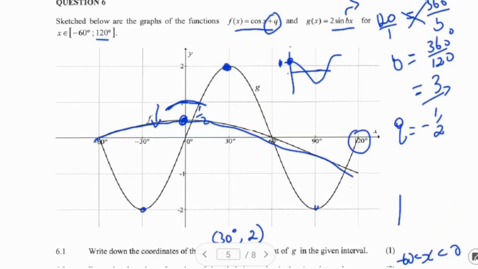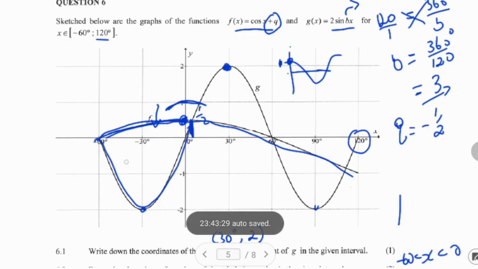Our graph of f at x between minus 60 and this value here, what's the story there? F at x is on the positives and g at x is on the negatives. We know positive times negative is a negative, so that part doesn't apply.